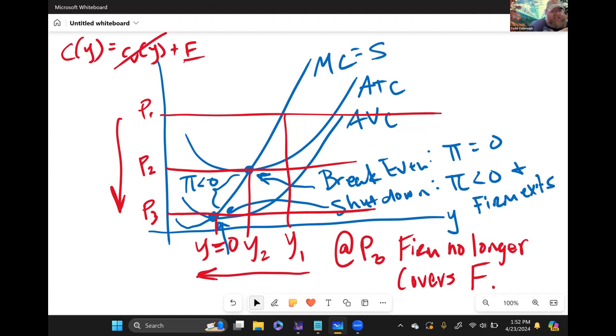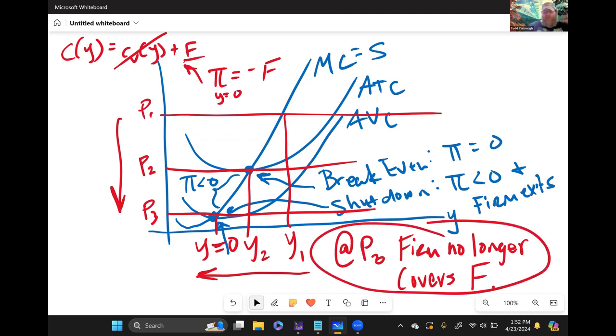And so if y is zero, profits are equal to negative F. So when y is equal to zero, profits are negative F. And so if your profits would be worse than negative F, you should just shut down and earn negative F profits. And that's exactly what goes on here.